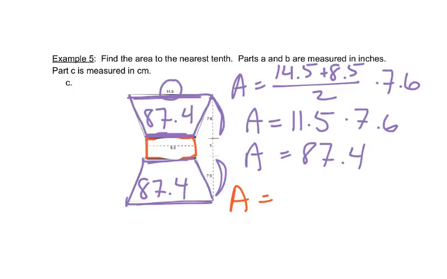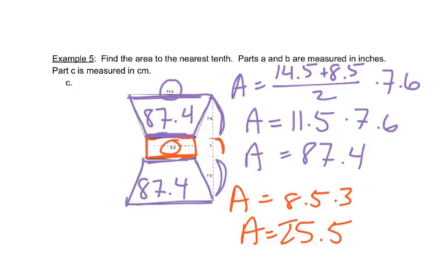So now let's look at the rectangle in the middle. Its base, it tells us, is 8.5 across, and the height's out here, so times 3, and we get 25.5. Now in example A, we were taking pieces out, so we subtracted them. We found the whole outside area, and then we subtracted pieces that were removed.